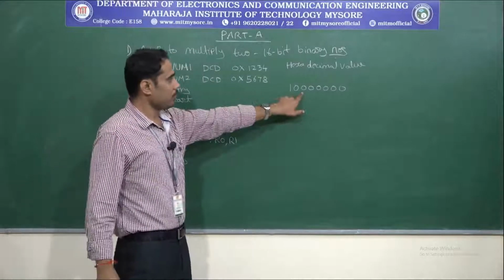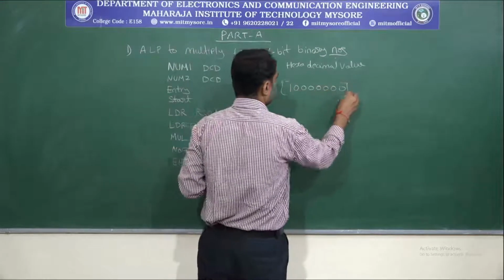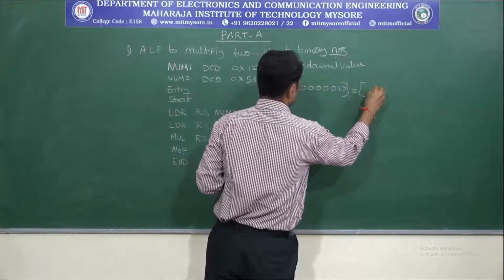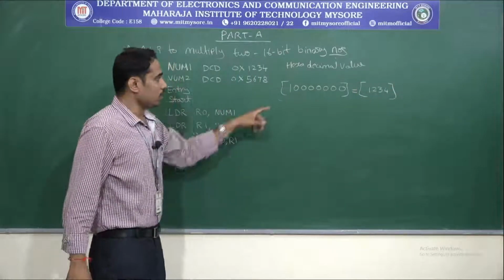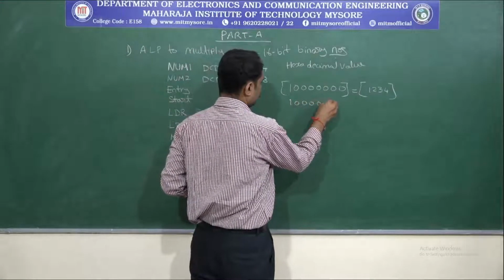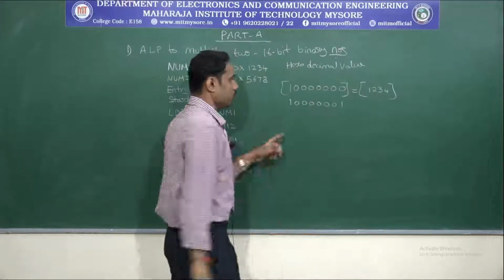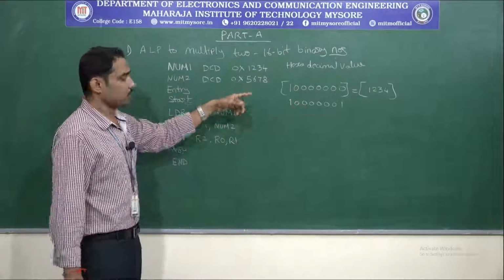This is the memory location. This memory location contains the data 1, 2, 3, 4. Similarly, the next memory location, that is 1, 0, 0, 1, will be having the second data, that is 5, 6, 7, 8.